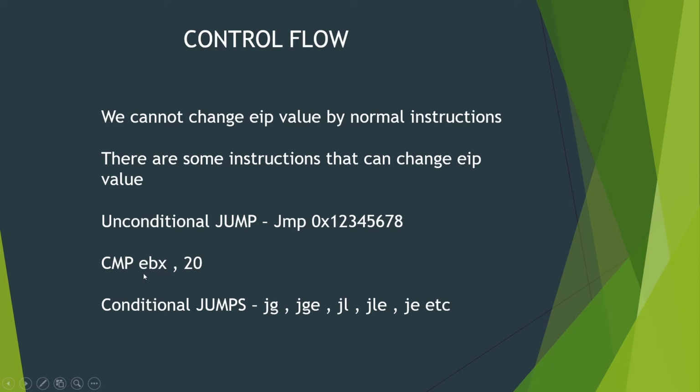If EBX contains the value 30, since 30 is not less than 20, this jump will not take place and the program executes normally. In a similar way, JLE stands for jump if less than or equal to. And finally JE is jump if equal to. If EBX is 20, the exact value of the right operand 20, then only the jump takes place.